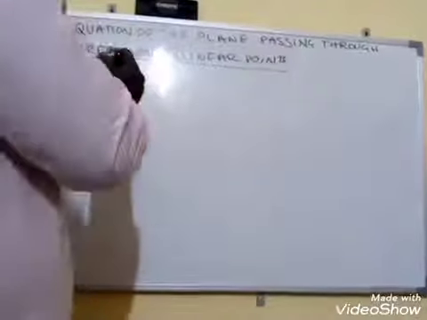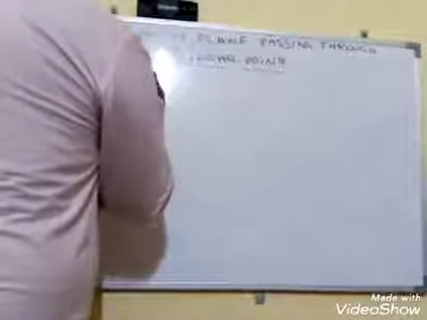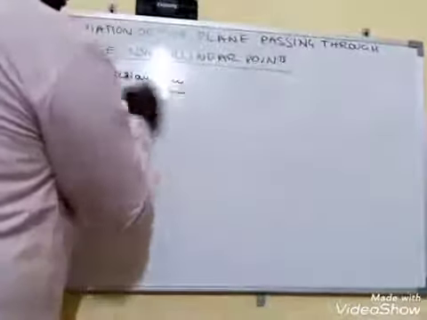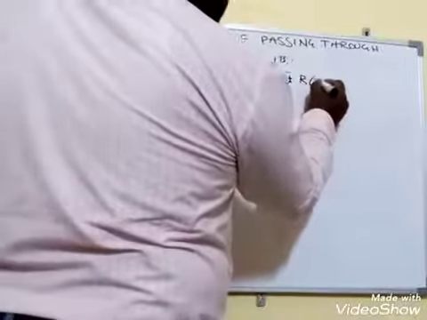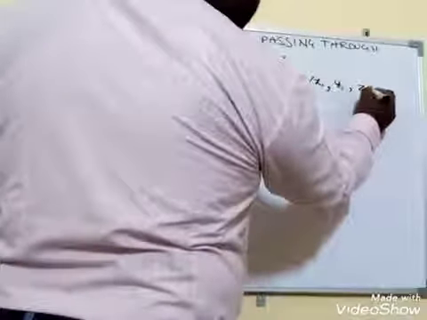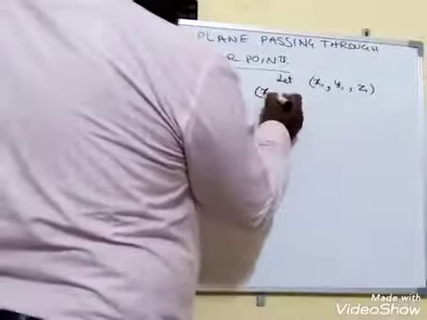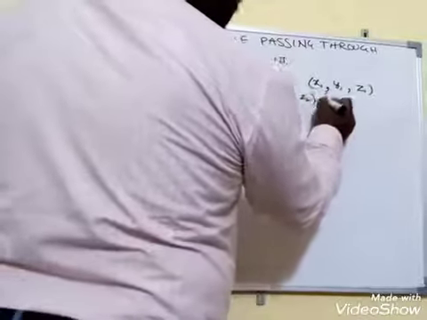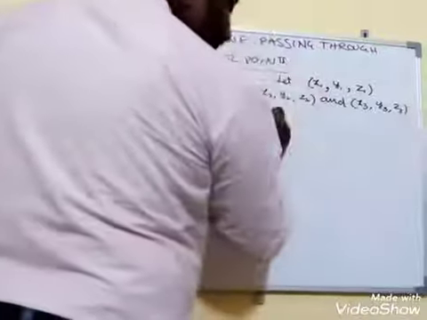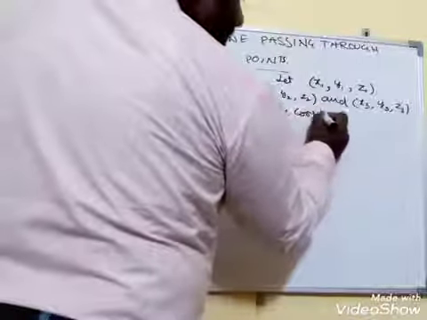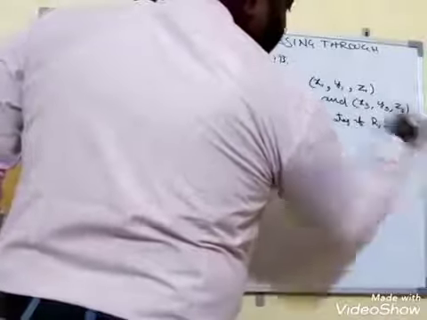Now, let us derive the Cartesian form. Let x1, y1, z1, x2, y2, z2 and x3, y3, z3 be the coordinates of R, S, T respectively.